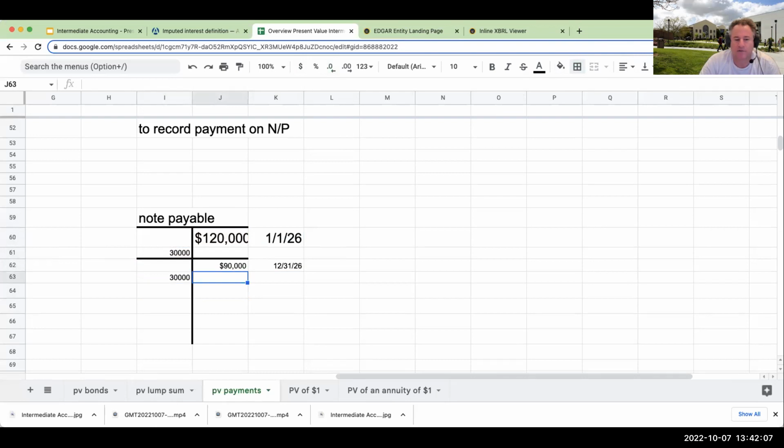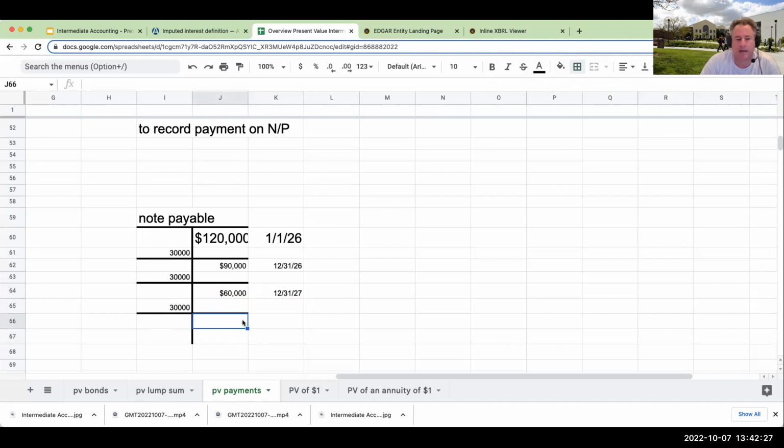Pay 30,000, and then on 12/31/27, my ending balance of note payable after I make that payment is now going to be 60,000. Got another 30,000 over here. So this is 12/31/27. On 12/31/28, I make another payment.